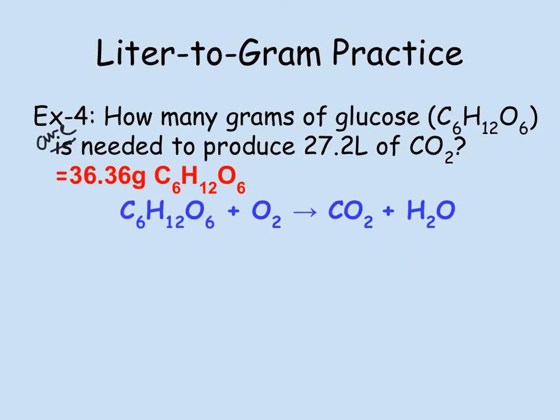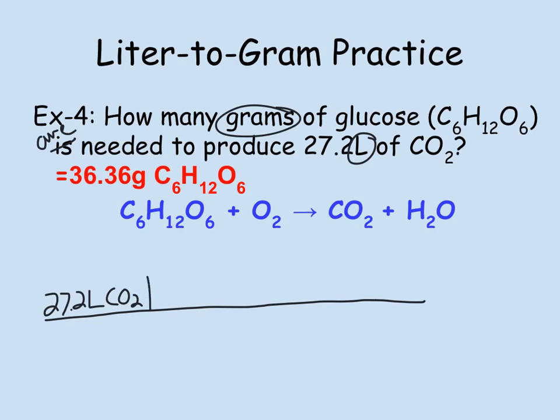So for our final slide, I just wanted to show you one of those particular calculations that I was just talking about, where we're not going from grams to grams, but instead going from grams to liters. Or excuse me, from liters to grams. So I'm going to start with 27.2 liters of CO2, okay? This is a long one, so we're going to get it ready.